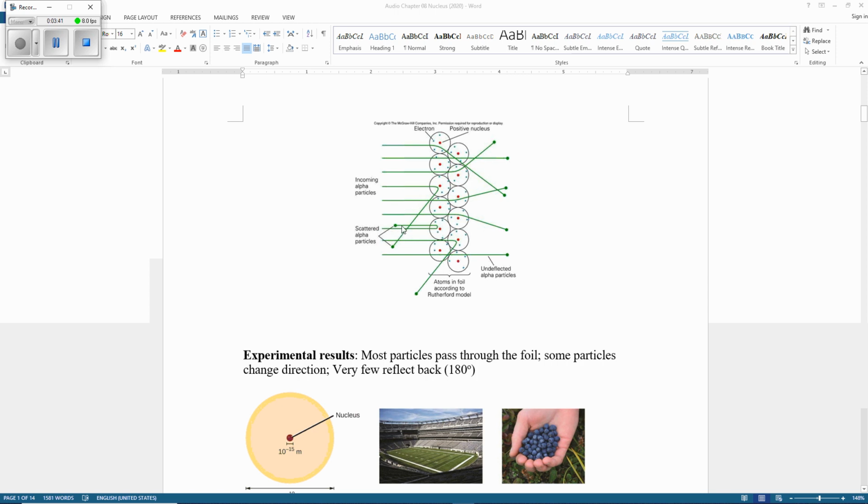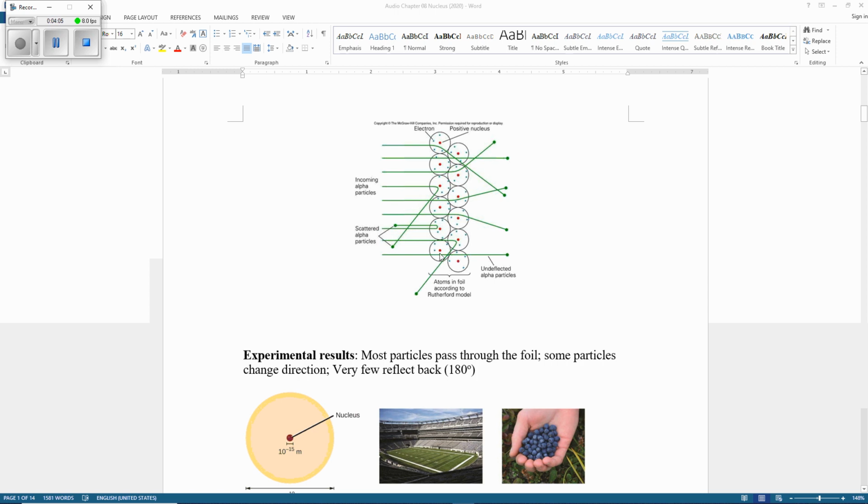So from this experiment, Rutherford gave a very important conclusion. Inside of atoms, it is mostly empty space. That's why most particles just pass through. 900, 950 of the 1,000 pass through because the inside is empty.